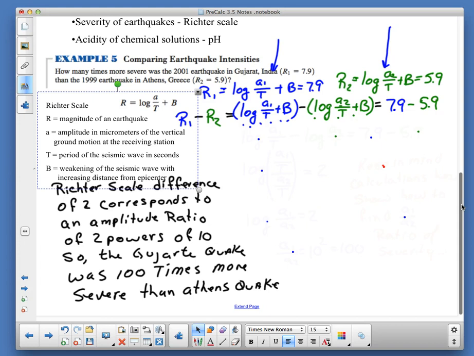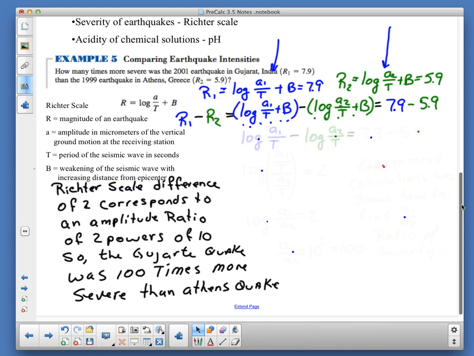The weakening of the seismic wave is beta, or your B wave, with increasing distance from the epicenter. Kind of like if you shook a rope, or threw a pebble into the water, you see a bigger wave, and then it dissipates. It doesn't go on forever, because of the medium it's running in.